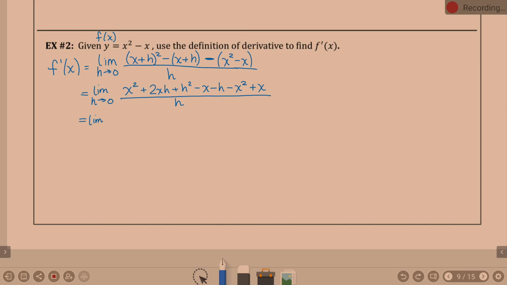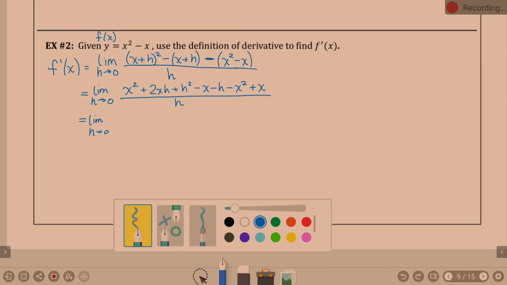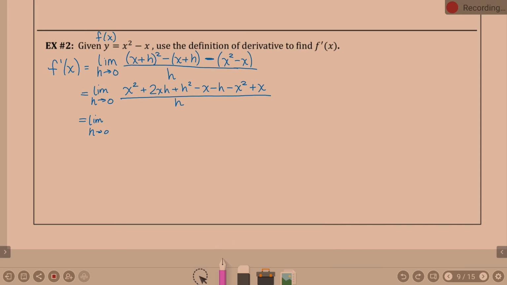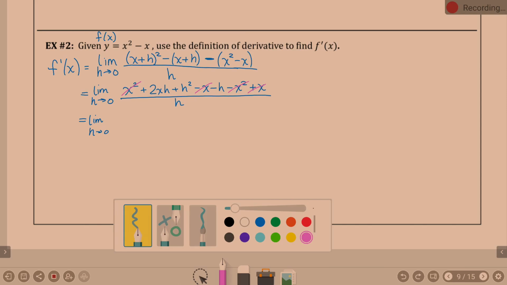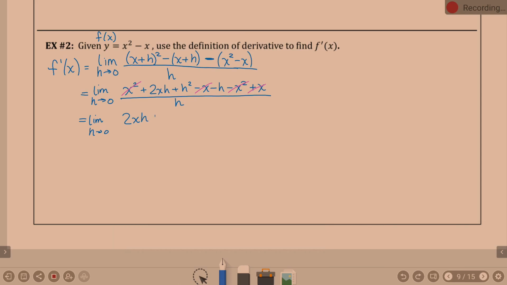The limit as h approaches 0. Did some stuff happen? A little bit. The x squareds are gone. The x's are gone. I end up with 2xh plus h squared minus h all over h.